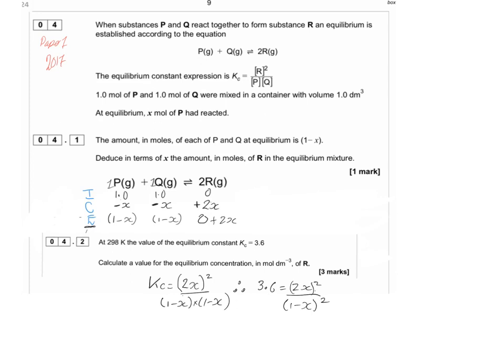So we're now left with solving this equation to find X. And quite simply, all you need to do is to take the square root of both sides to get rid of those pesky square values. So that comes out now as the square root of 3.6 is equal to 2x over 1 minus x.